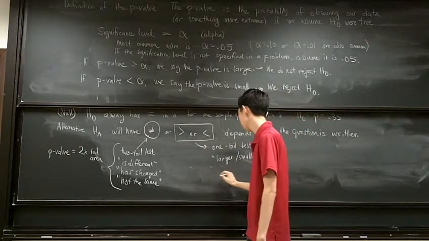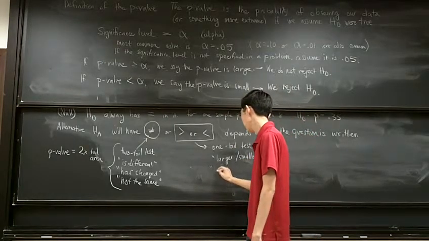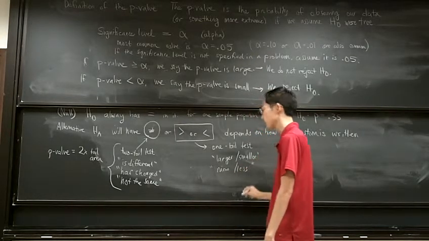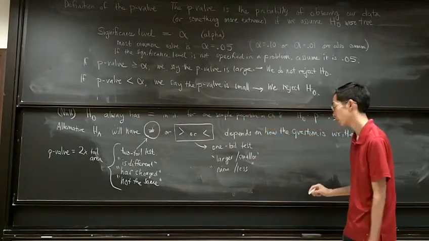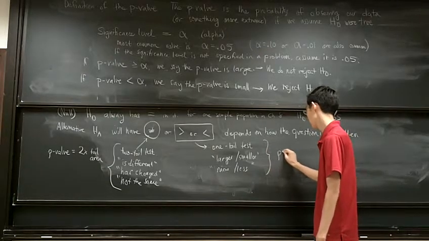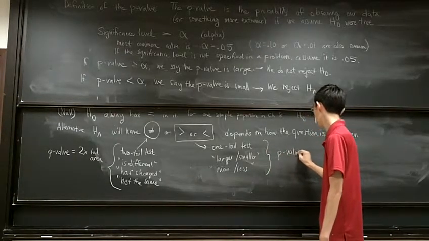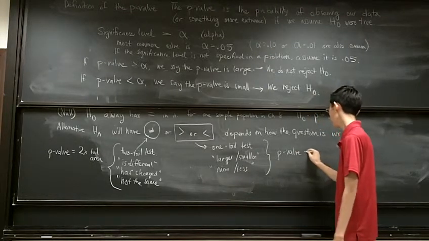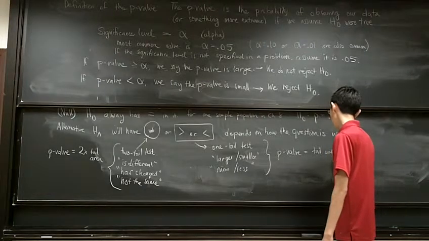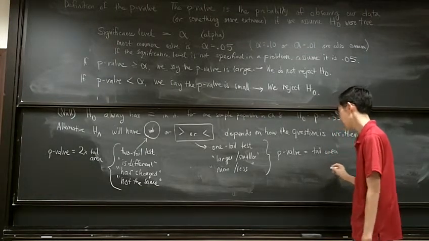And in these problems, the p-value will generally equal the tail area.